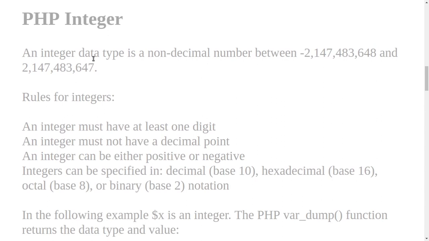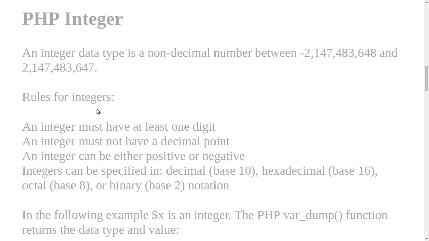PHP integer. An integer data type is a non-decimal number between -2,147,483,648 and 2,147,483,647.